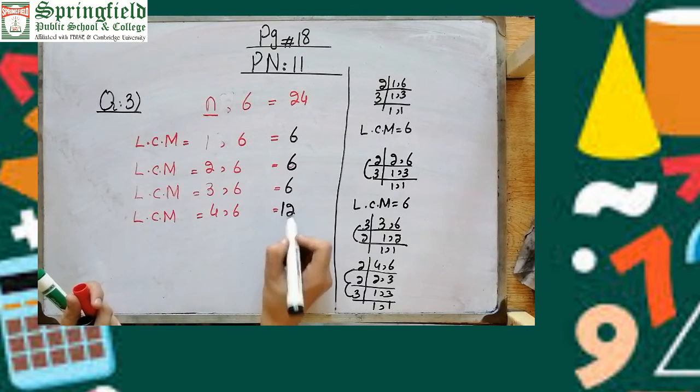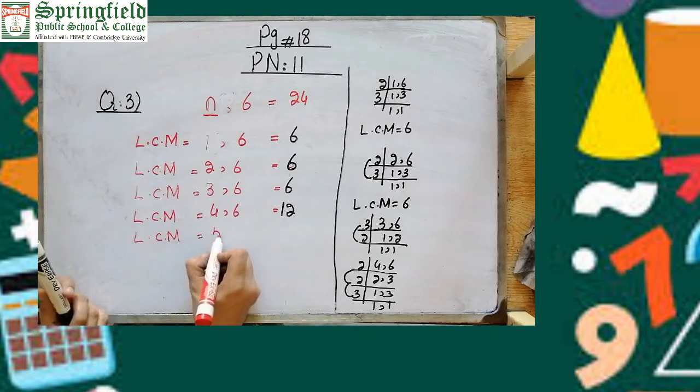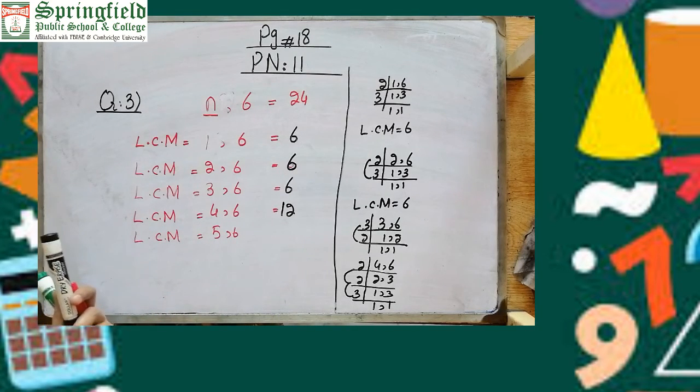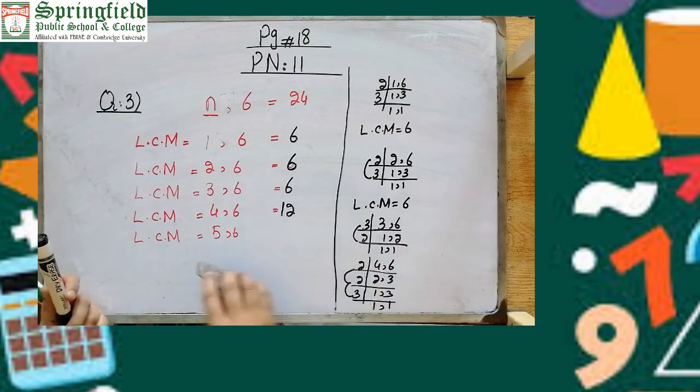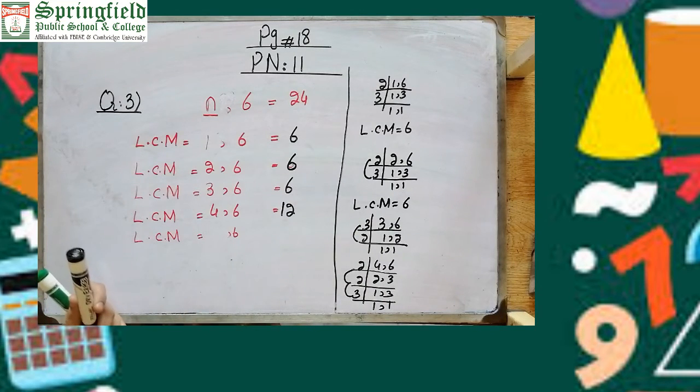It means 12. Now when we put the value of n is equal to 5, directly you can put the value of 6.